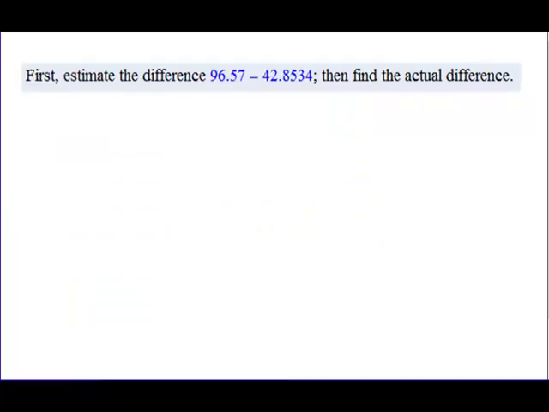Now, you take a moment, press pause, and then try and find the estimated difference of these two numbers and then the actual difference. Let's check your work. The first number, 96.57, you round to the 9.